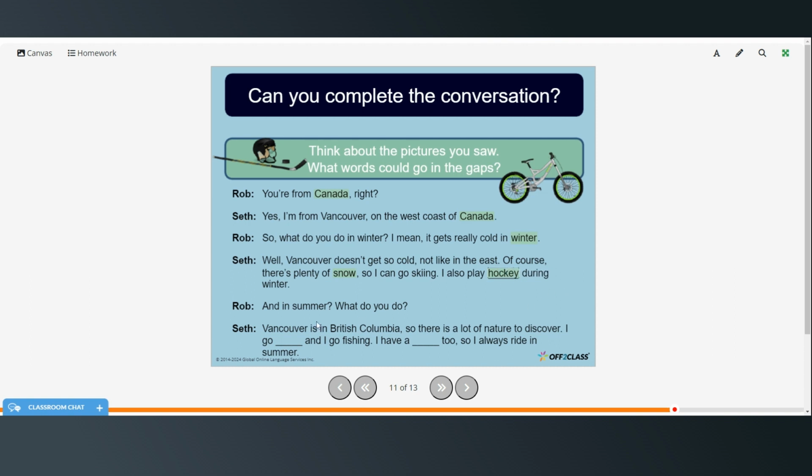And in summer, what do you do? Well, Vancouver is in British Columbia, so there is a lot of nature to discover. Remember we saw the tent, I go camping, and I go fishing. I have a bike too, so I always ride in the summer.